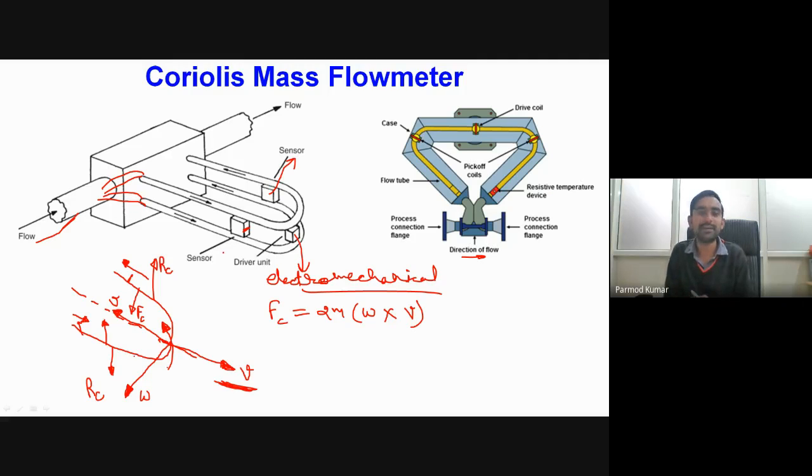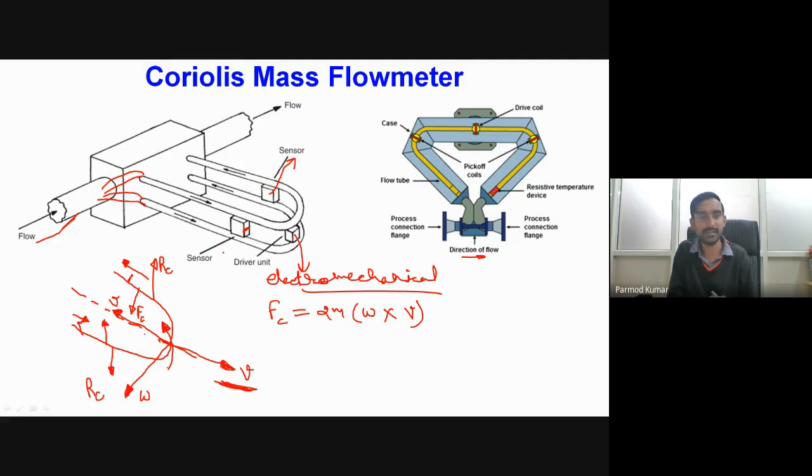Okay, so because of that, what will be happening? Every time while the fluid is flowing, we will have a difference in the vertical displacement of the right and left portions of this tube.